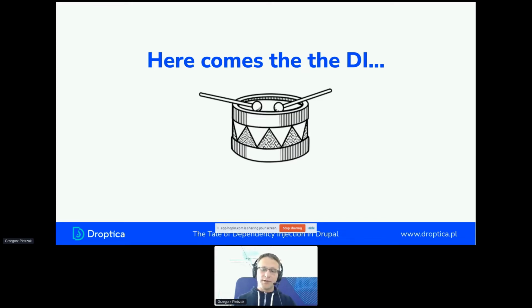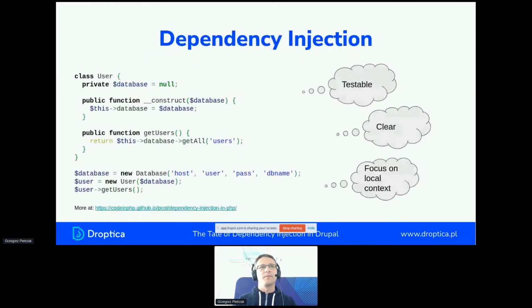So how to use dependency injection, using the examples that we had before. We rewrite slightly the object-oriented code that we had on the previous slide. We add a parameter to the constructor, and we inject the database into it in our main code. So the database is not created inside our class, but it's passed to it while constructing the object.